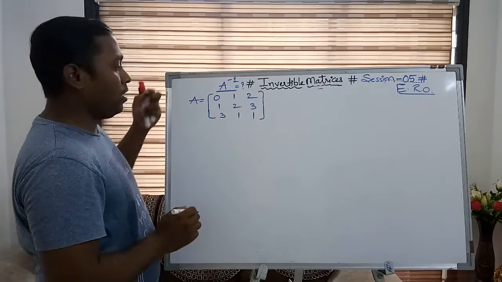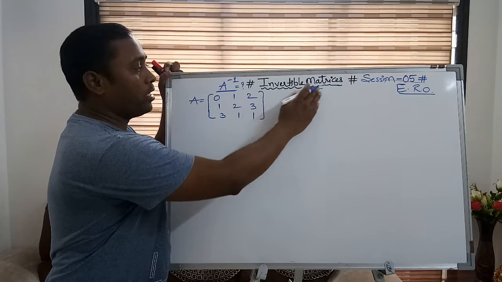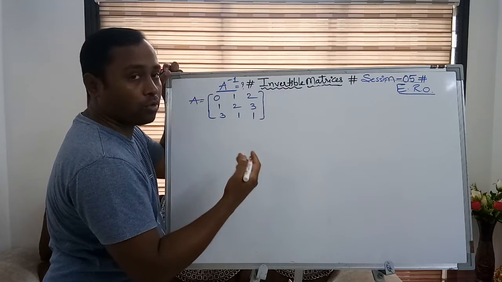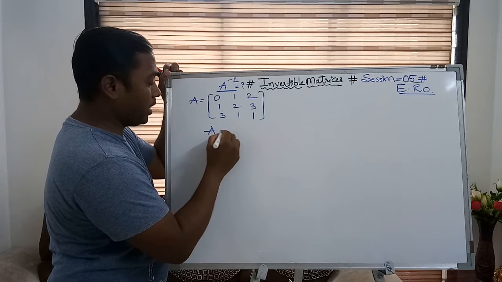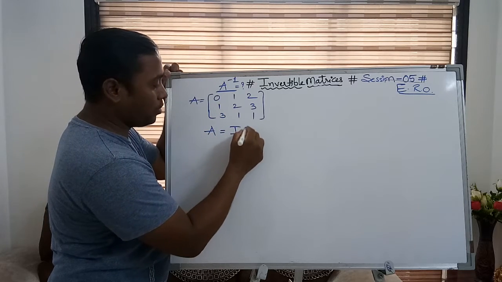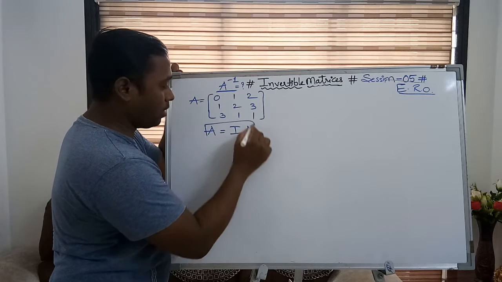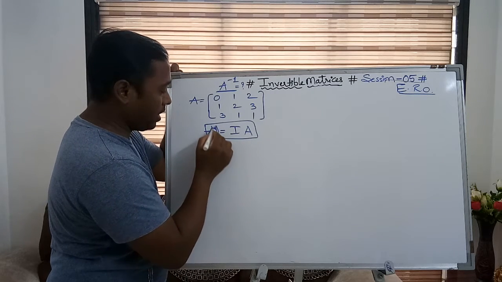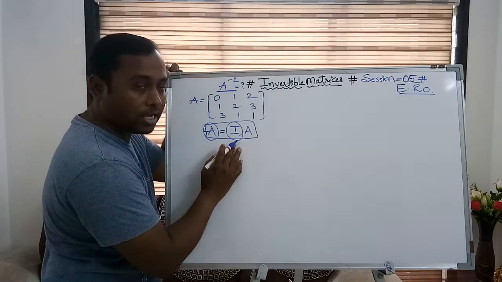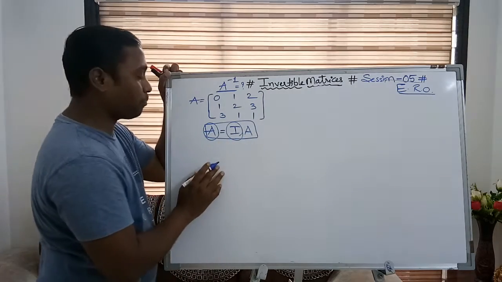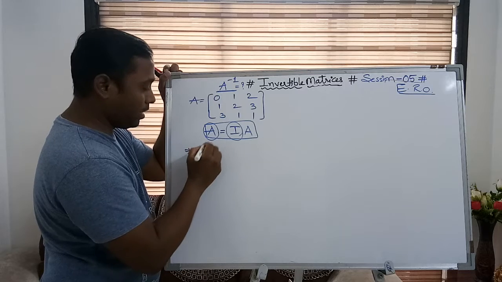Now, the first and the most important step is what? Always we write step 1 as every square matrix can be written as I into A. In this manner, we'll start this step and we'll replace this A and I with their corresponding matrices. We will not disturb this A. So what is the A matrix given first?